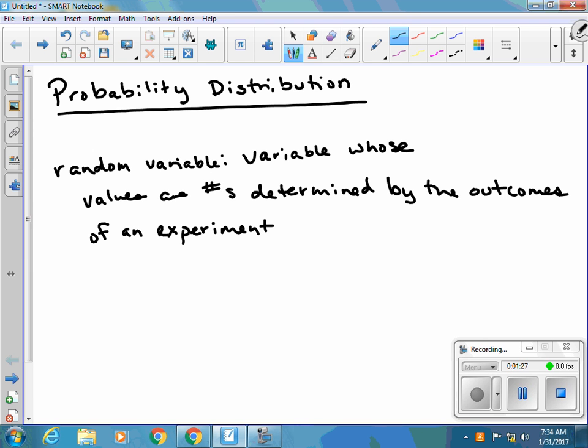A true probability distribution is a function which maps each value of the random variable onto its probability. I'm not going to write that down.